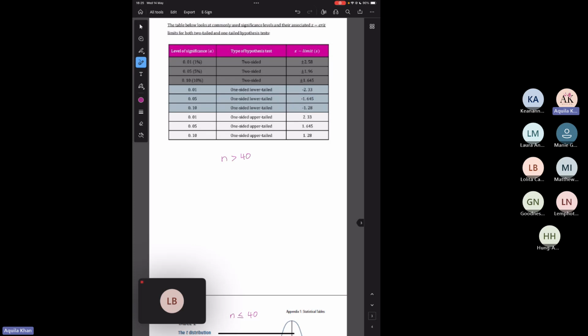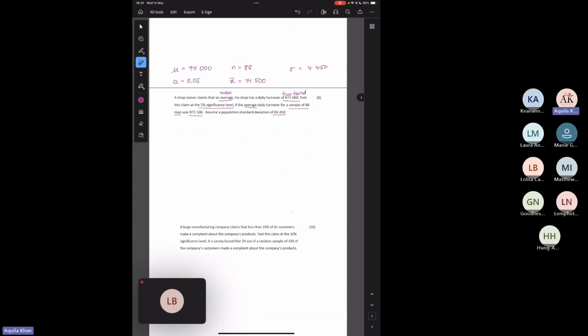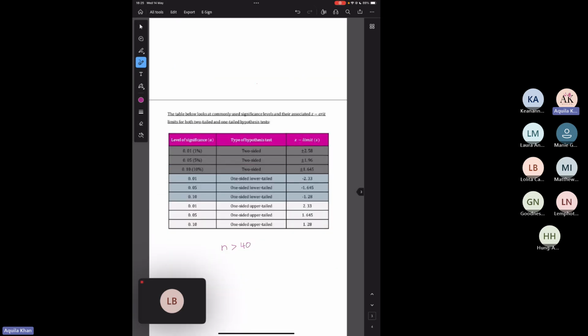So that's the first thing that would have pointed out to us that we're using this table as opposed to the second one. The other thing that would have pointed out to us that we're working with that table is the fact that they said to you there is a population standard deviation. Whenever you see that a question applicable to this hypothesis testing says to you that there is a population standard deviation, then immediately you know again that you are working with the second table.